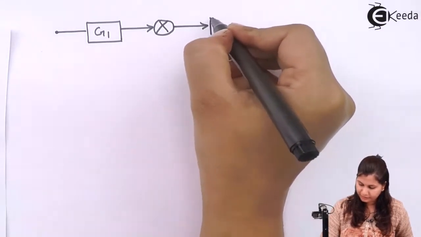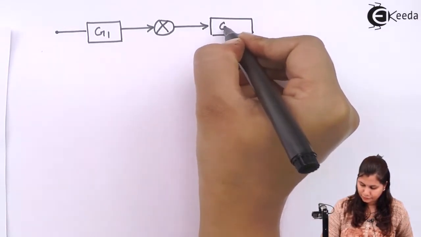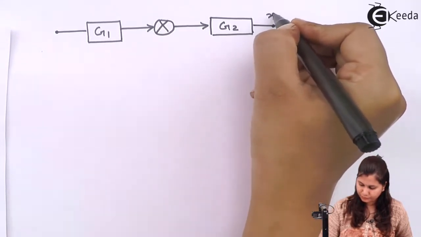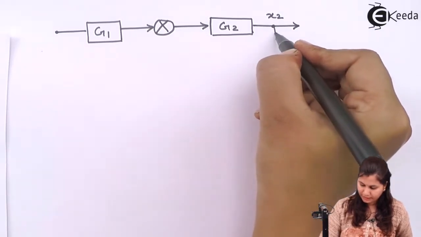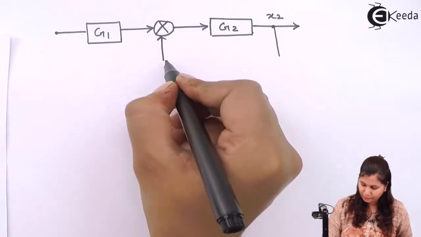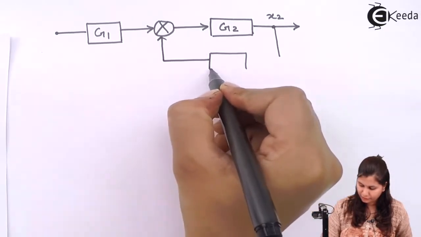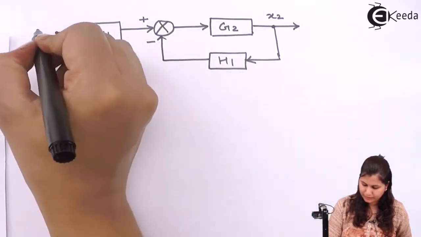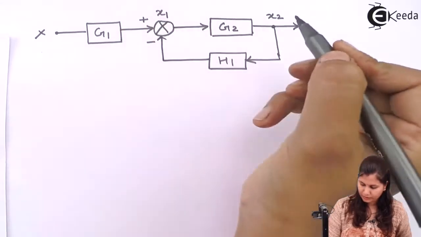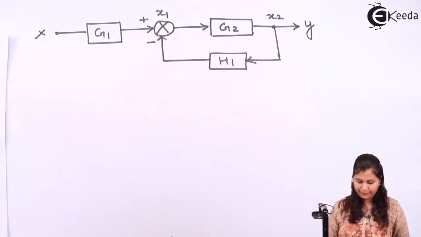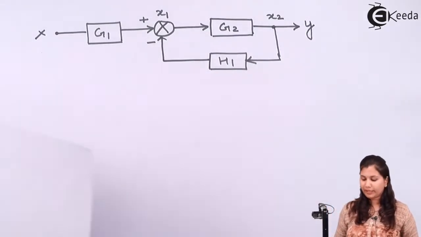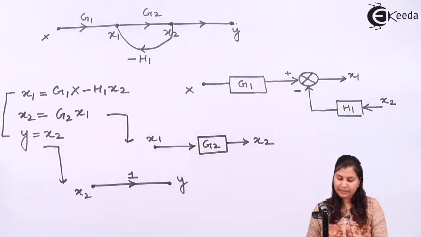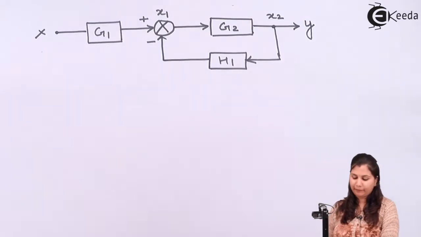So here we have g2, and the output is x2. Now this x2 is given to the summing point and multiplied with the transfer function h1. This is minus, plus, this is x, this is x1, x2, and this is output y. So this is our complete block diagram for the system. We have just combined these 3 block diagrams which we obtained, and then we get the complete block diagram for the system.